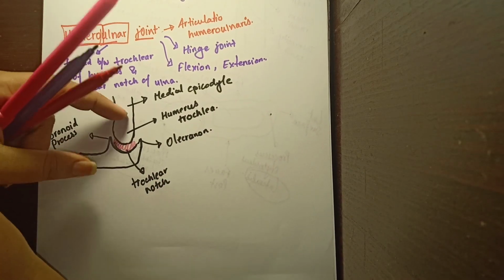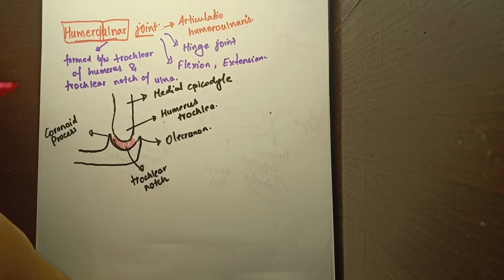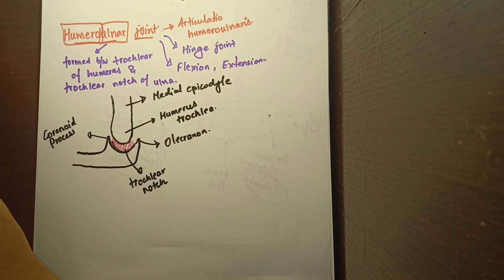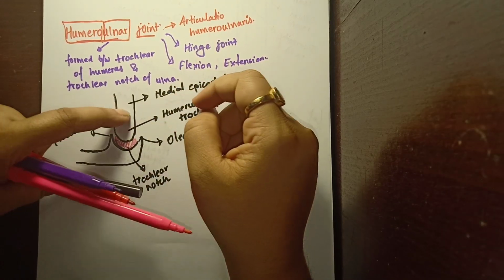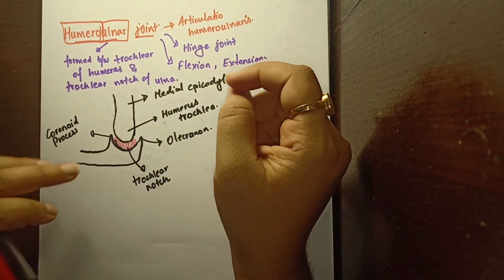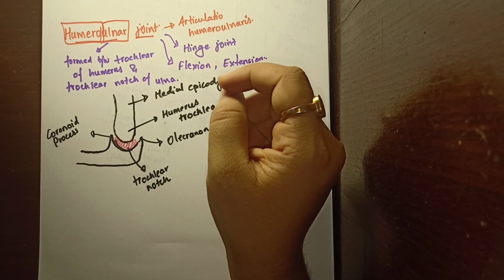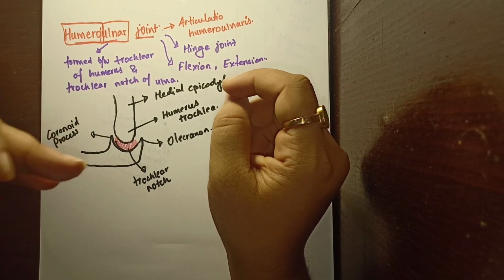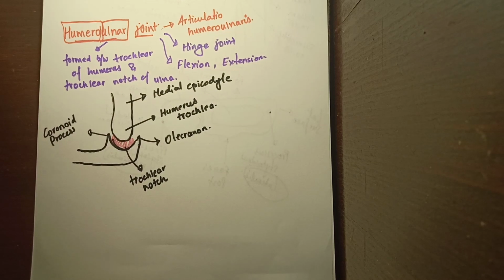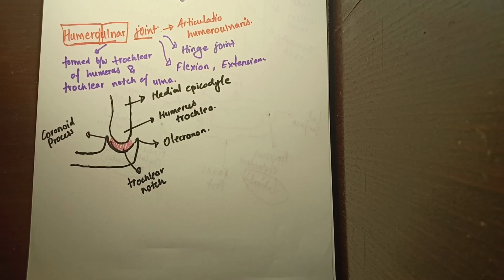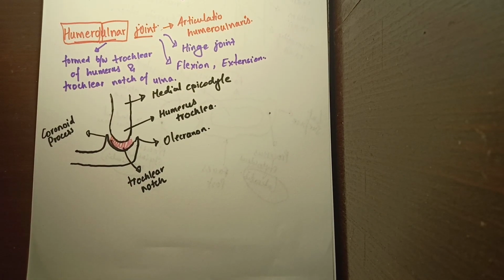So the joint between the humerus and ulna is known as the humero-ulnar joint, and it is found between the trochlea of the humerus and the trochlear notch of the ulna. That's why in the ulna this notch is known as trochlear, because in the humerus we already have the trochlear part. Okay, now we'll go with another joint.